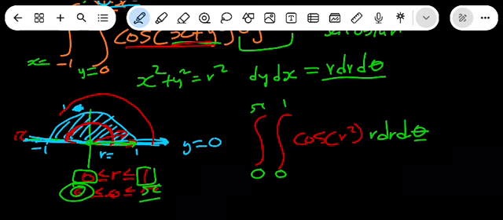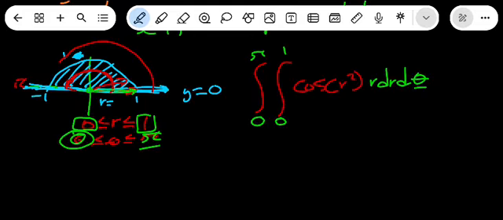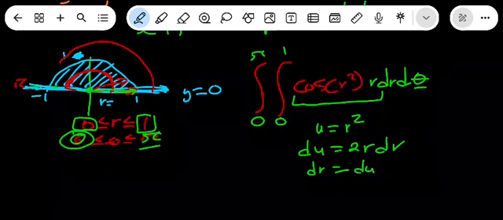Alright, so as you can see now, we can use substitution. We can let u be equal to r squared. Then differentiating, du must be equal to 2r dr. Making dr the subject, dr will be du divided by 2r.